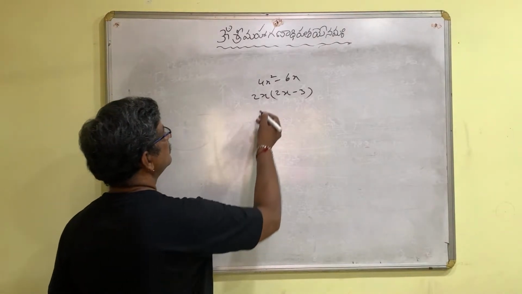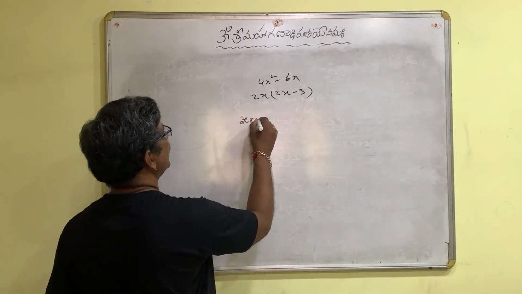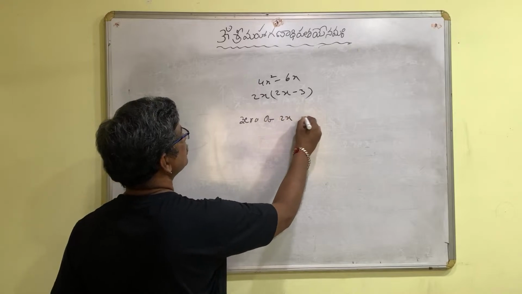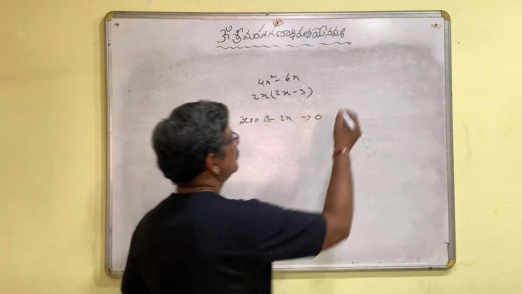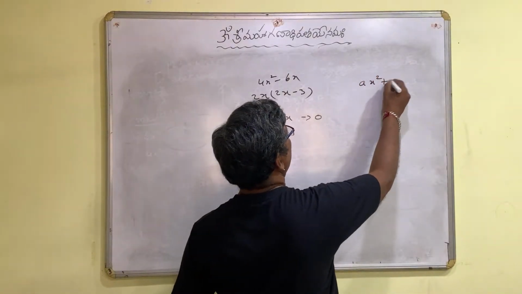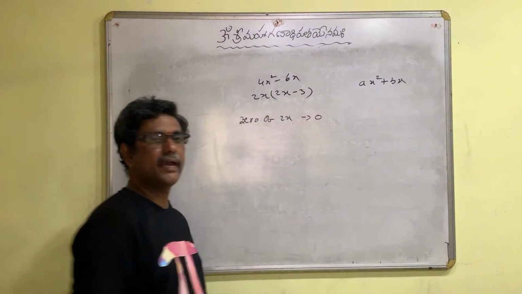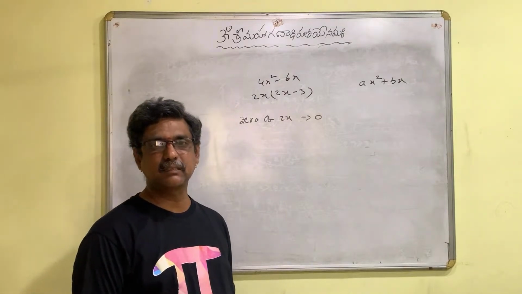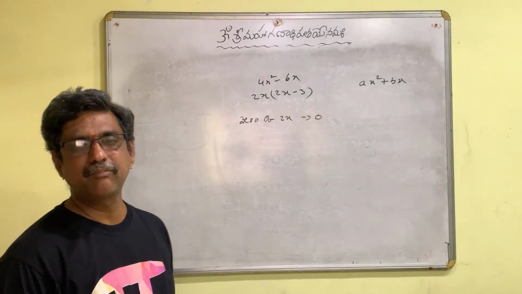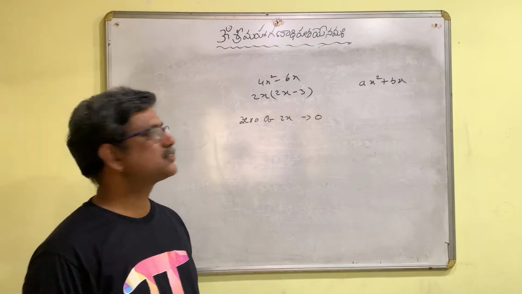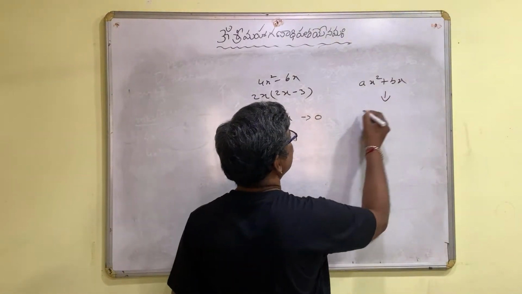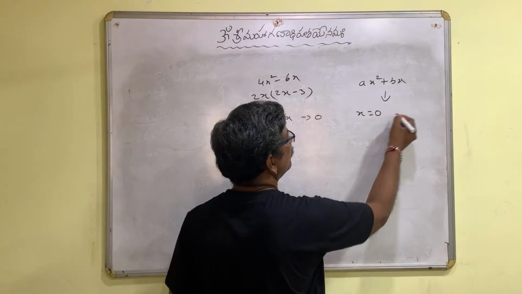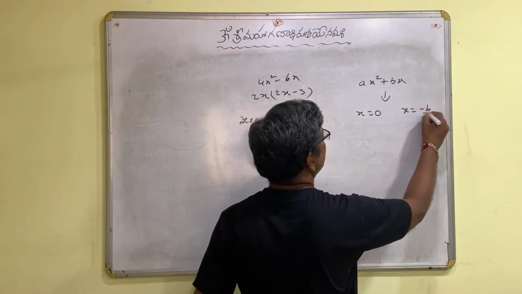Now the zero of 2x is 0 only. I told you, for a polynomial of the form ax square plus bx, one zero is 0 and the other zero is minus b by a.